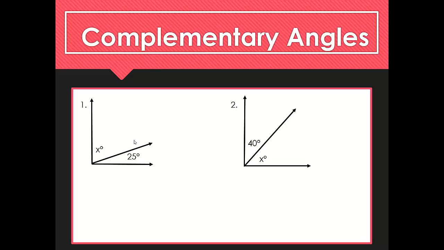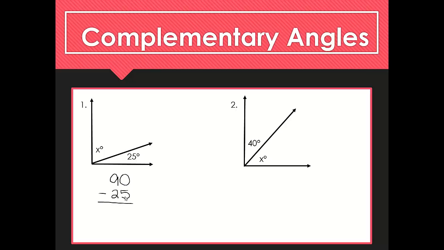So for number 1, we need to find the value of x. If we know that these two angles together equal 90 degrees, we can subtract 25 degrees from 90 degrees and we will find x. So we have 90 degrees minus 25 degrees.